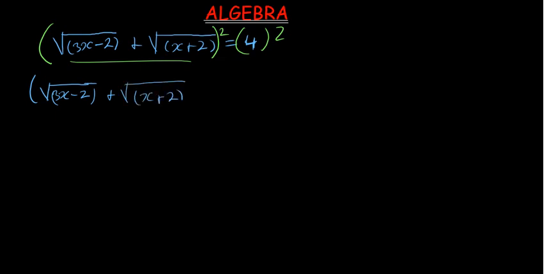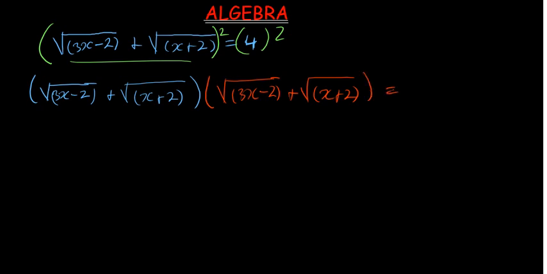You close, you open another one. Here you have root 3x minus 2 plus the same one again, root x plus 2. You close, equals to 4 squared, which is basically 16.